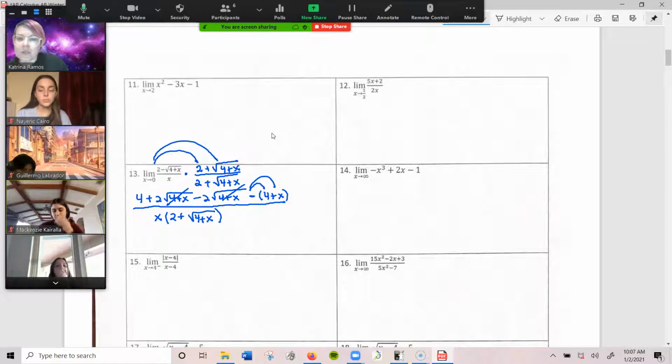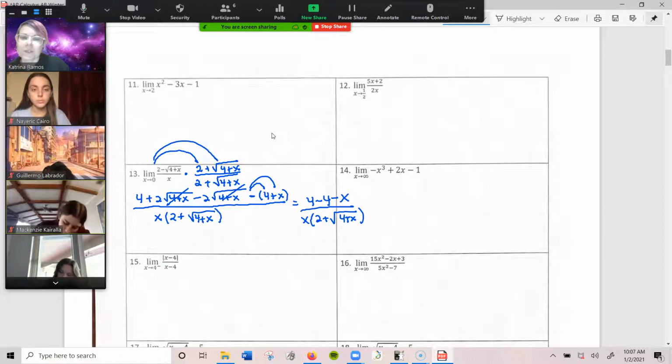So what we end up with here is this 4, and then minus 4, and then minus x, all over x times 2 plus the square root of 4 plus x. So these 4's cancel. You're left with negative x over x times 2 plus the square root of 4 plus x.